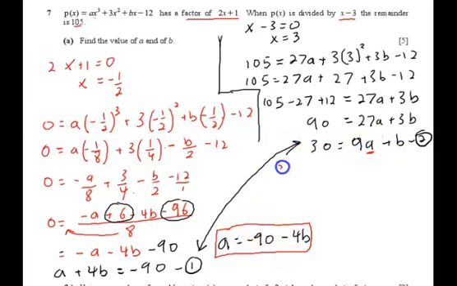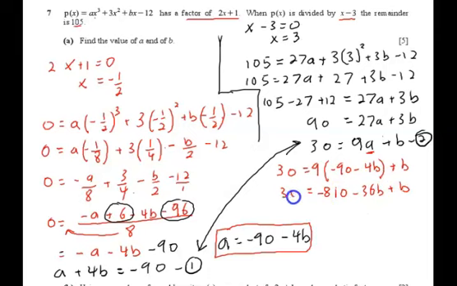So it will become 30 equals 9 bracket negative 90 minus 4b, plus b. So here we have negative 810, and here will be negative 36b plus b, and here's 30.